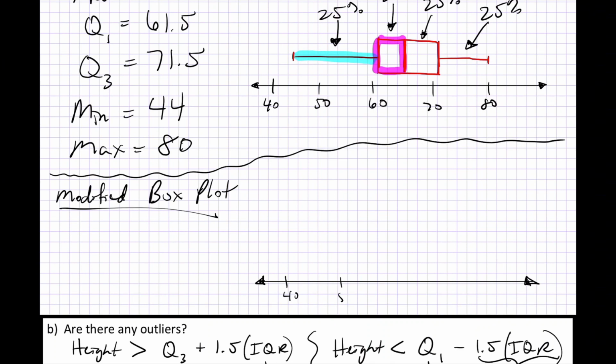40, 50, 60, 70, and 80. The only difference is we use a star, a little asterisk, to show any outliers.